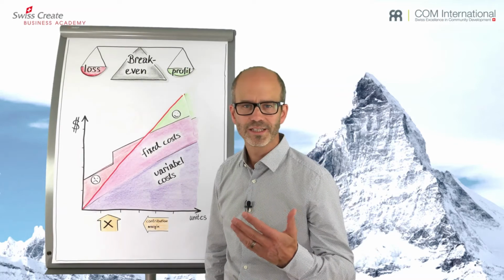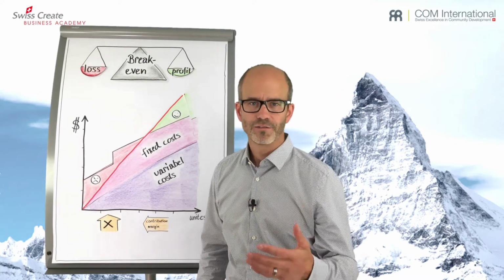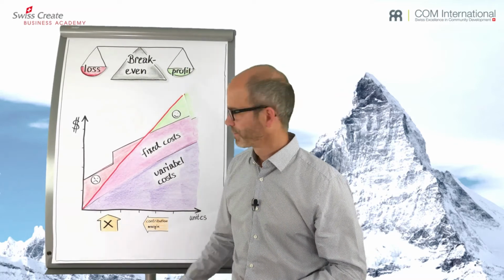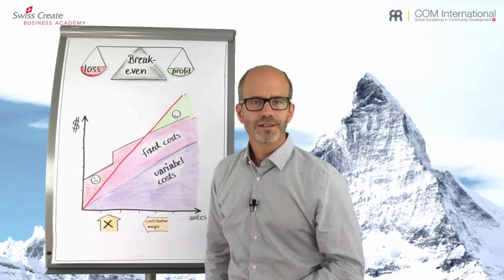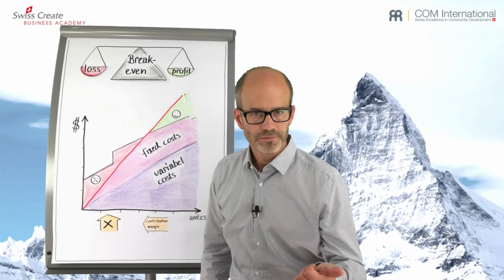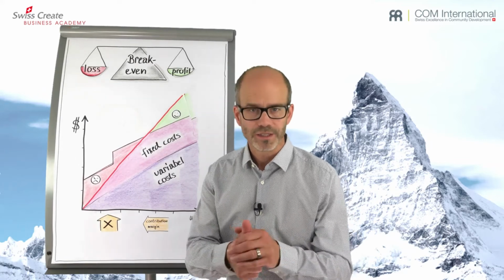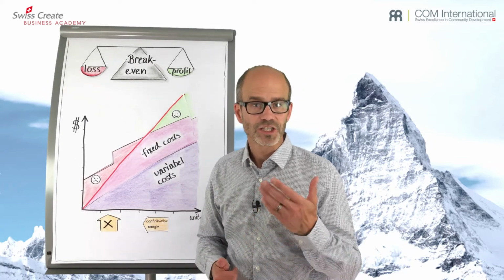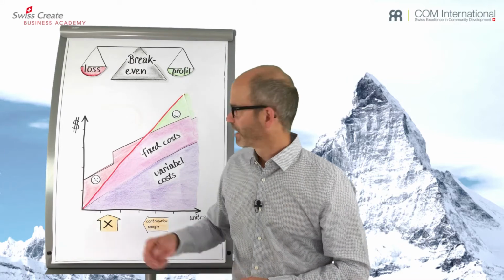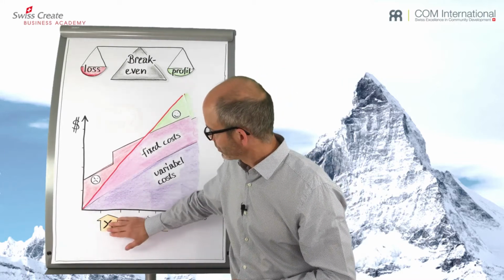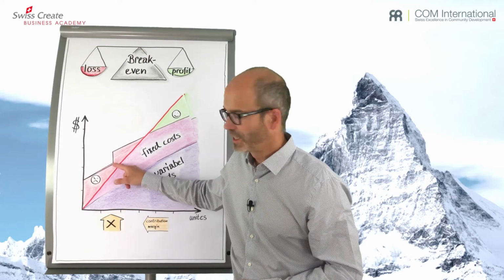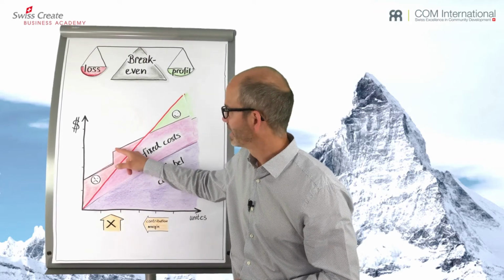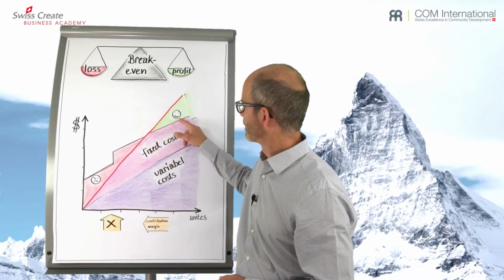You have to invest in a new, bigger, faster machine. And that means you make the investment, you have a new machine, you have maybe a new, specialized employee, and from that quantity on, your fixed costs are jumping up and then again increasing parallel.